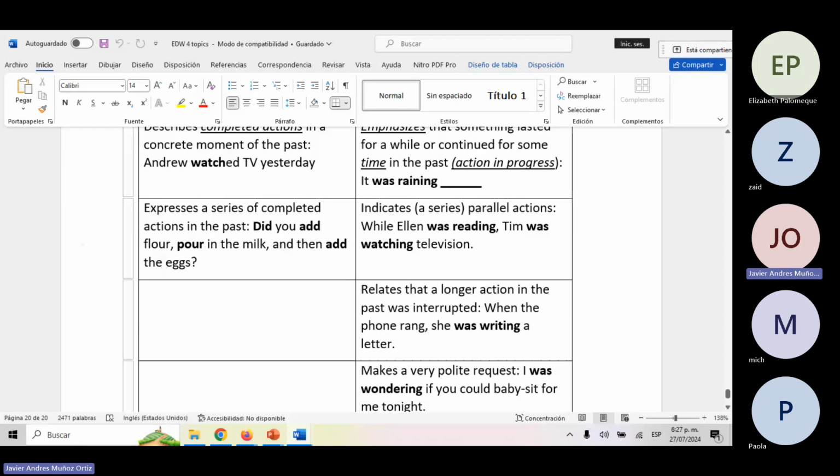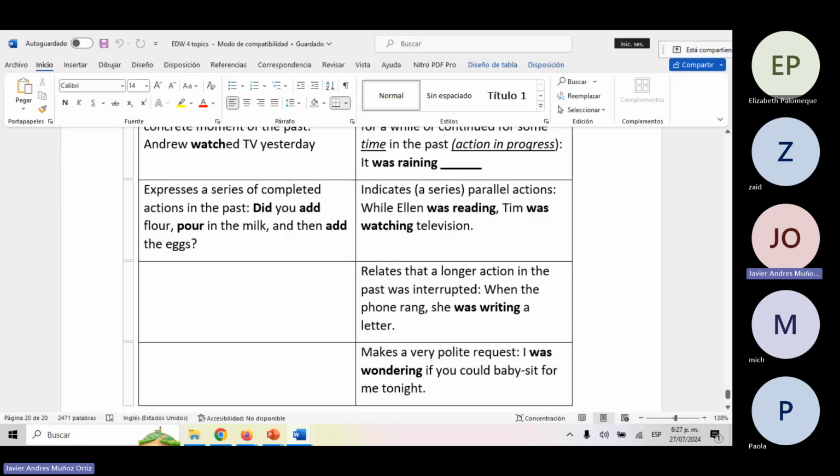Third difference. Past simple tense is used to mention that several activities, 2, 3, 4, 5, 7, 9, 50 activities, whatever, started in the past and finished in the past, because this is past tense, right?